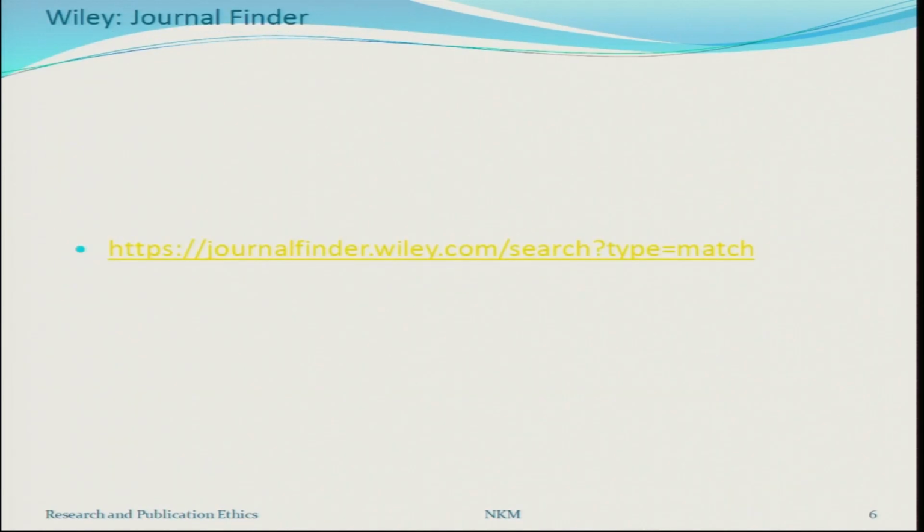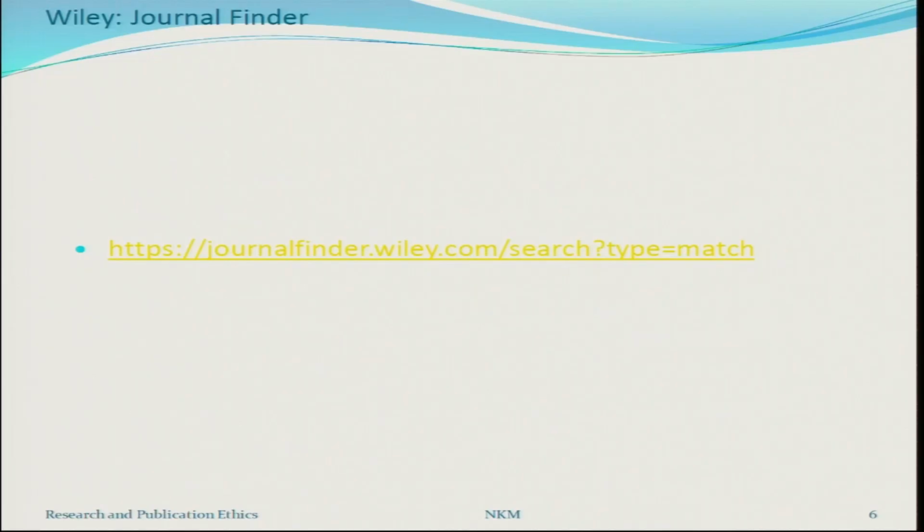So before we go through the reference management software session, let's resume our session on the journal finder services that we did in the last session also. Today we will be analyzing some important journal finder services like Wiley Online. We will start with this.